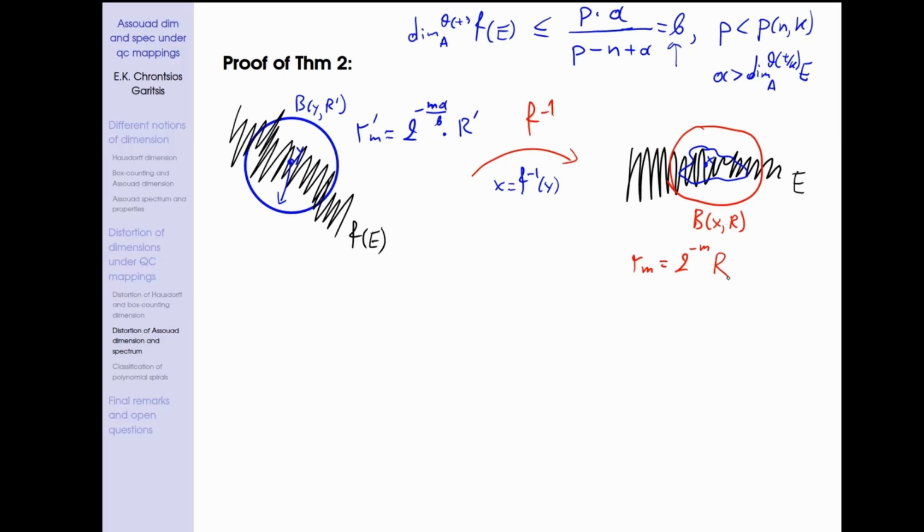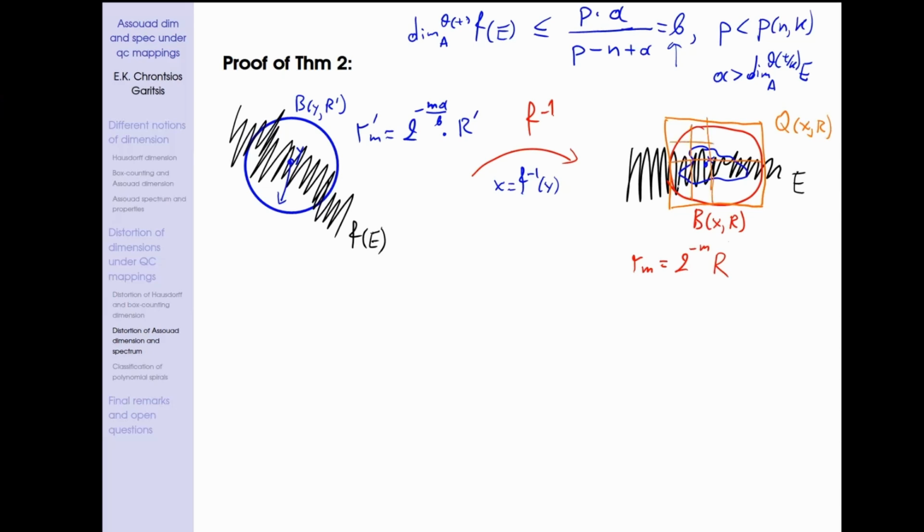So we will start working, let's say, with dyadic cubes of this cube Q(X, R). 2 to the minus m times R is the side length of its m-th dyadic cube, and we'll start subdividing.